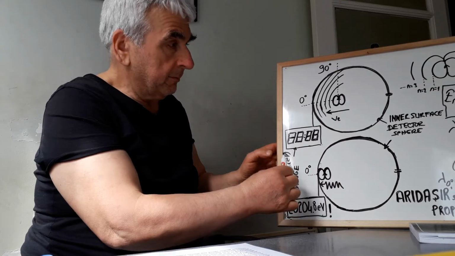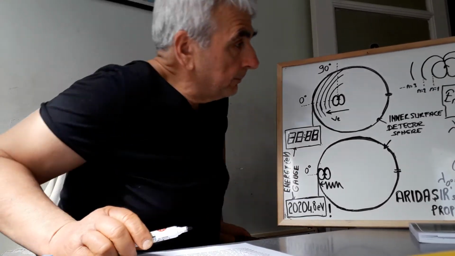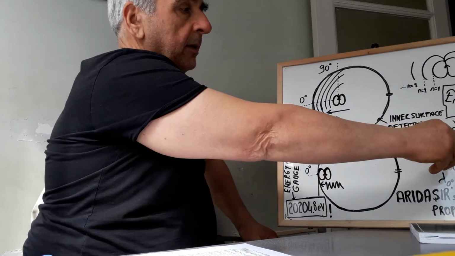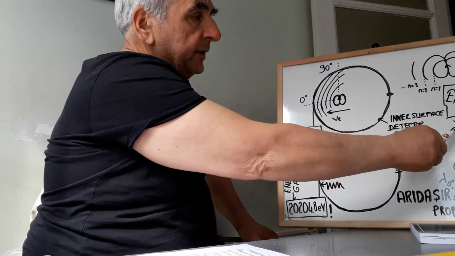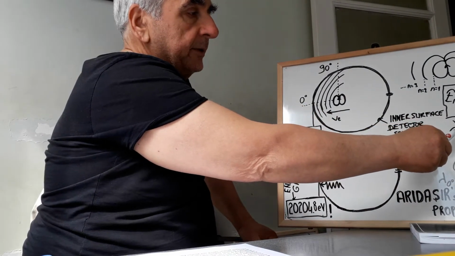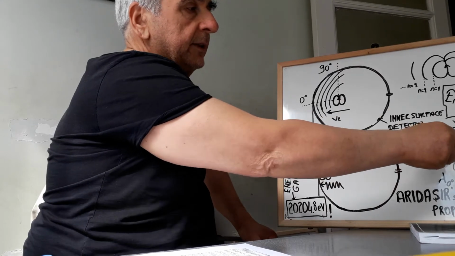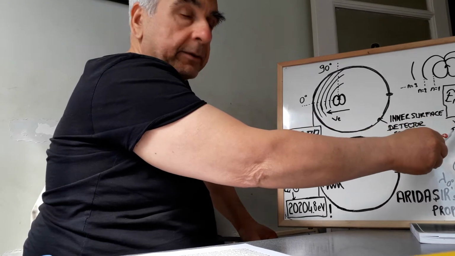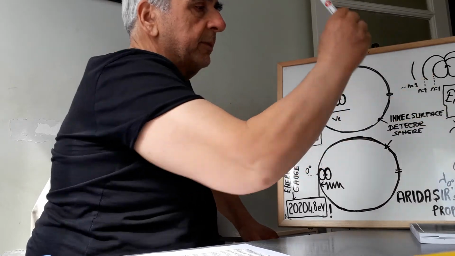Okay, here, for instance, our electron's initial wavelength is lambda n, remember, 0.3 nanometer.